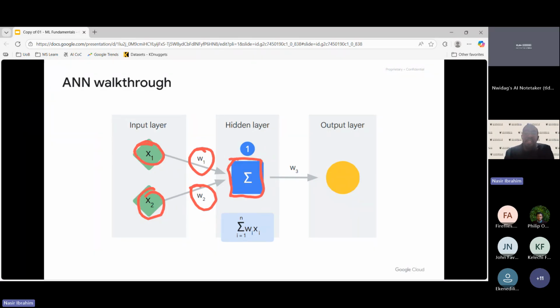So in this case, it will simply be x1 times w1 plus x2 times w2. And that will give you the value of the neuron here.